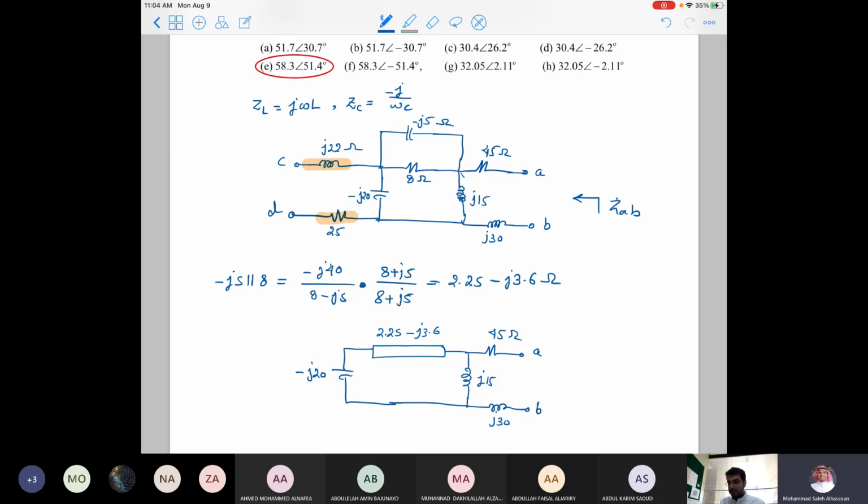Okay, so I have the parallel combination in series with negative J20. So I can add it to the circuit.